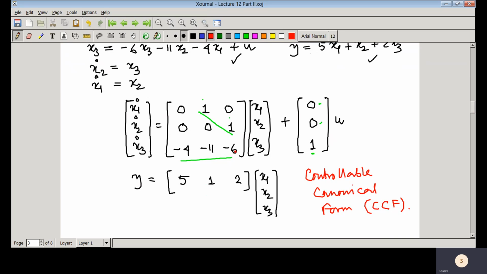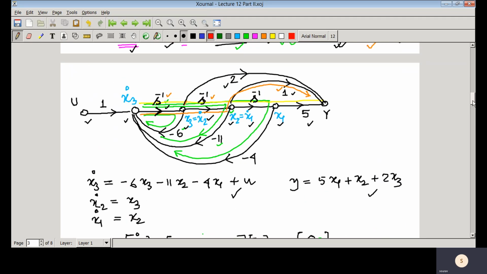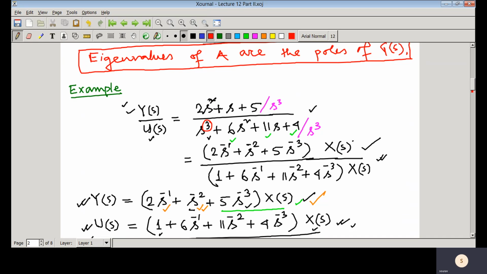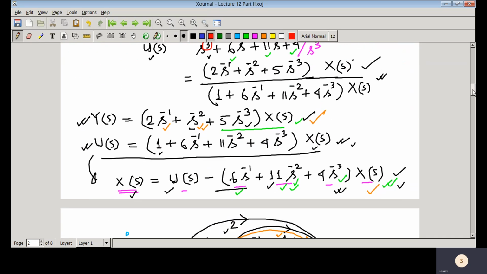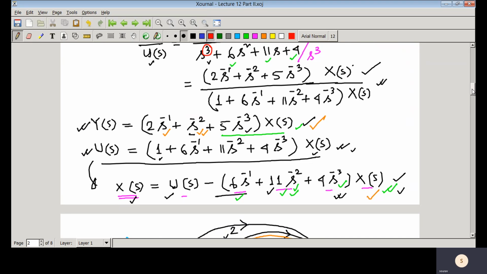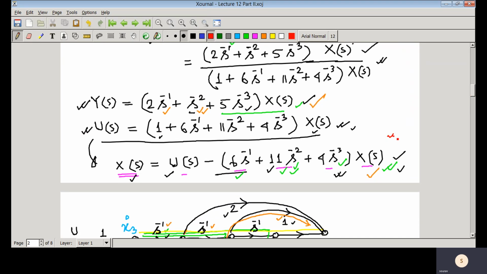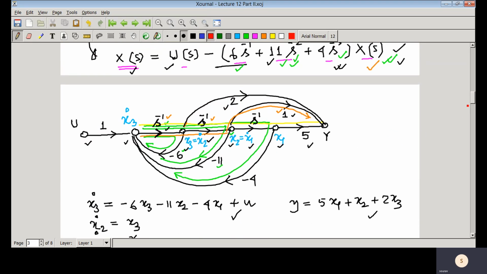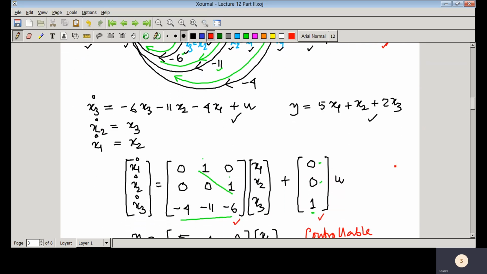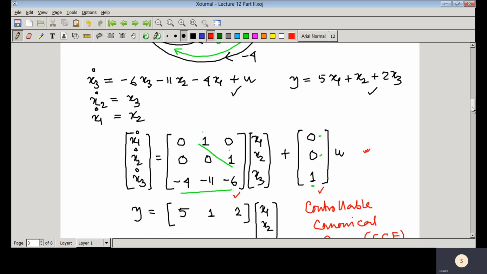This is one realization where A and B matrix are in special structure, but C does not have any special structure. So this is that method we have followed. That means whenever a transfer function is given, we get the numerator and denominator in these particular structures. From there, I have drawn that diagram, and I write this state equation, system equation and output equation.